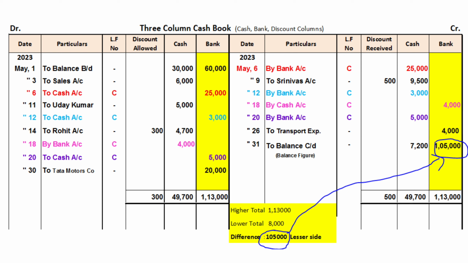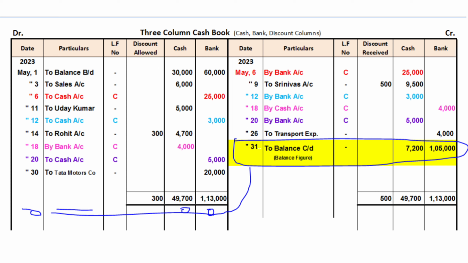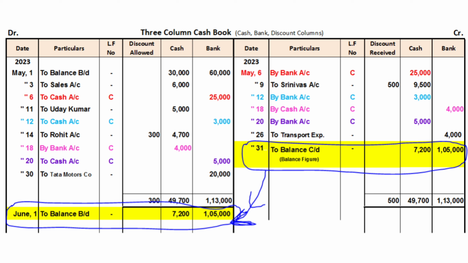The difference between the two totals should be transferred to the lesser side as balance carried down. That is the difference between debit total and credit total. The balance carried down appearing on the credit side should be transferred to the debit side on the next day. So it is transferred from credit side to debit side.